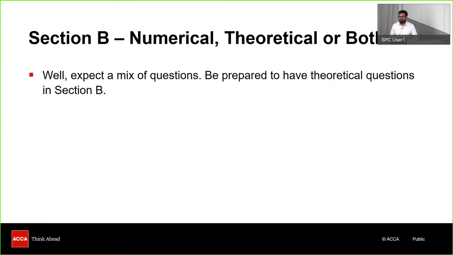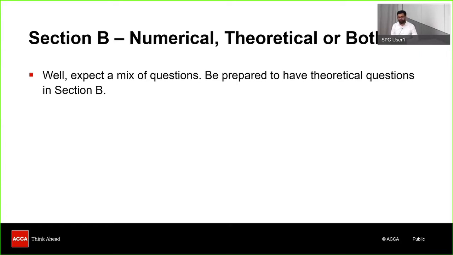Let's suppose they are testing that topic, then maybe 2-3 questions would include numerical calculations, like they might ask you to calculate market size variance, market share variance, but maybe the remaining 2 or 3 questions would be theoretical. They might ask you why we are calculating planning and operational variances, and they might give you a brief scenario and ask you, in this particular scenario, how to assess the performance of the manager and what are the key indicators while assessing it.